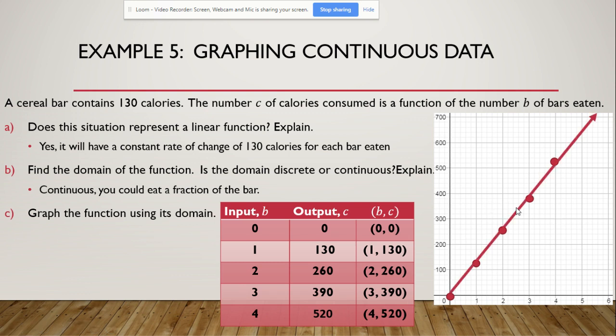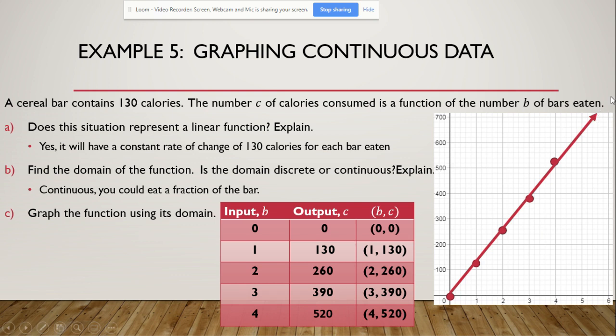And this time I am going to draw that line because I can be all of these numbers in between. I can be 2.5, 2.6, 2.8, 2.89, 432. All of these numbers that exist in between the dots are possibilities of how much of a bar I have eaten. And it can keep going up.